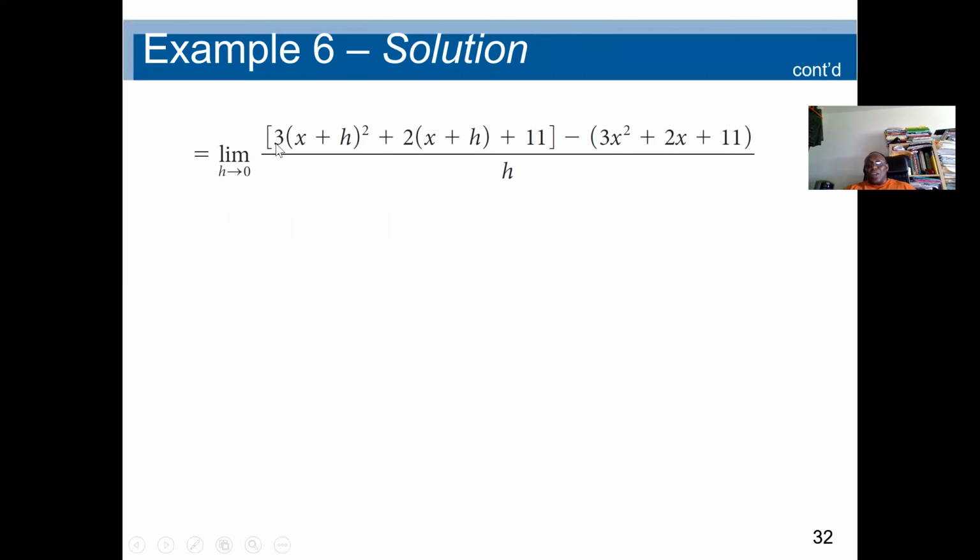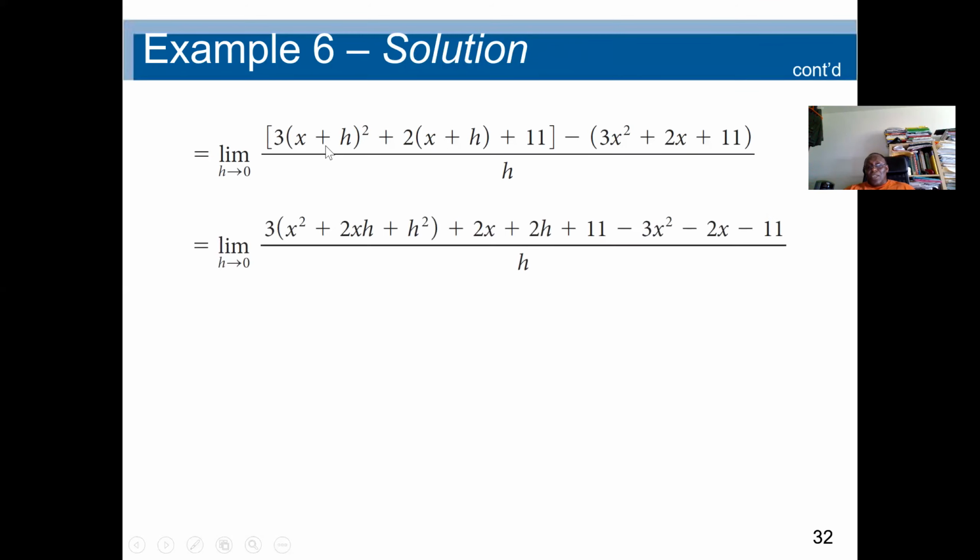So we plug in the values. Wherever I see x, I will substitute it with x plus h, squared, then here we have the actual minus f(x). So it will be f(x), 3x squared plus 2x plus 1. That's the original function.